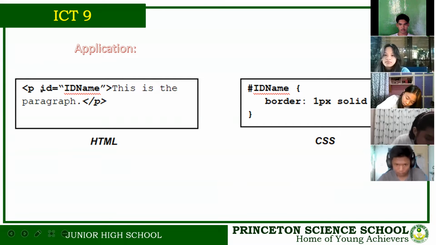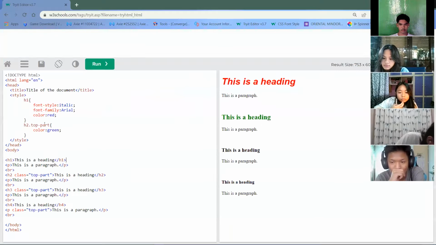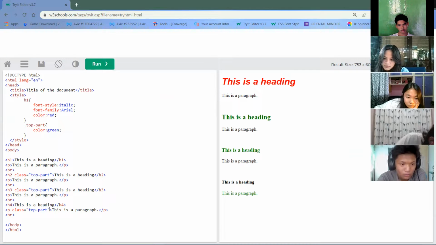So if it is ID equals ID name, and then we call it by hashtag, that is the same application. So let's try that here. Let's say that all of the top parts have green color. And then we apply an ID here.